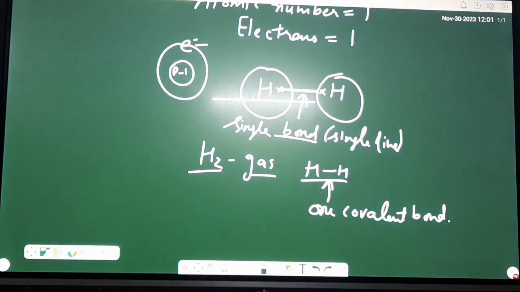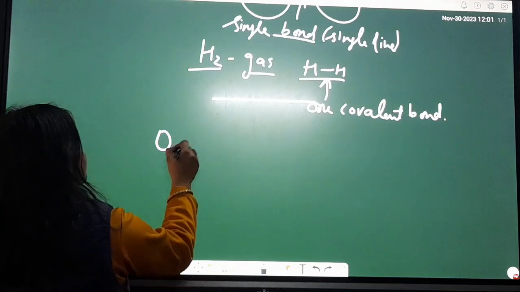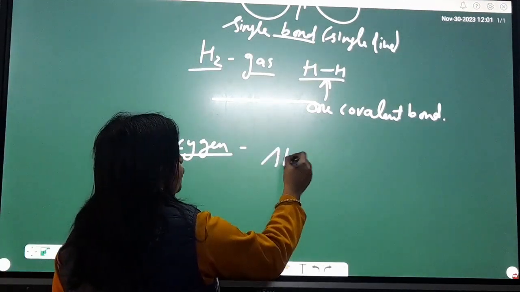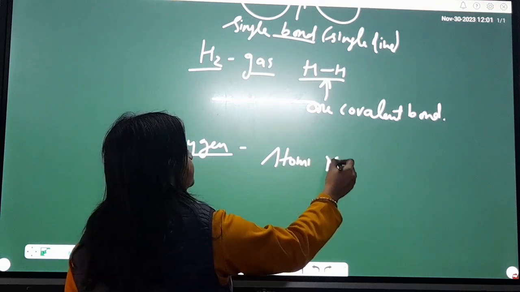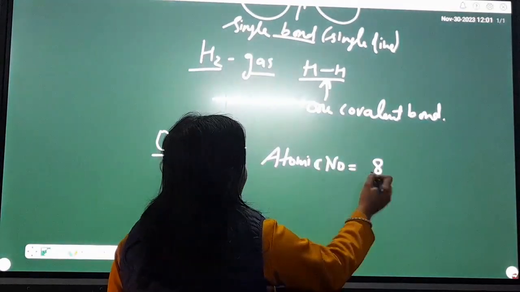In the same way, you can see that the oxygen element also shows covalent bonding. Oxygen atomic number is 8.